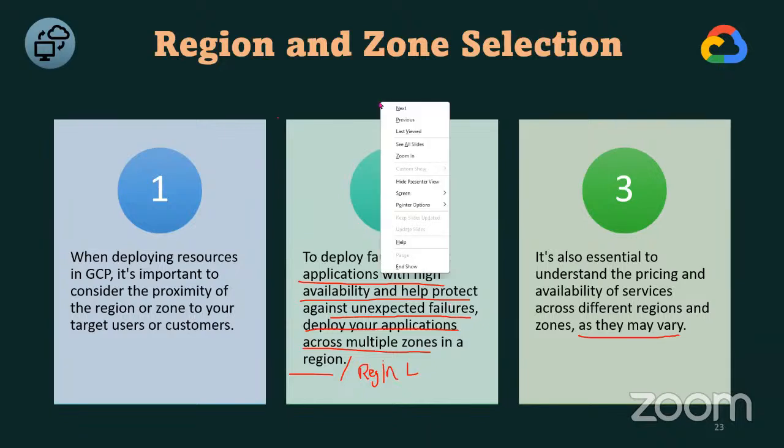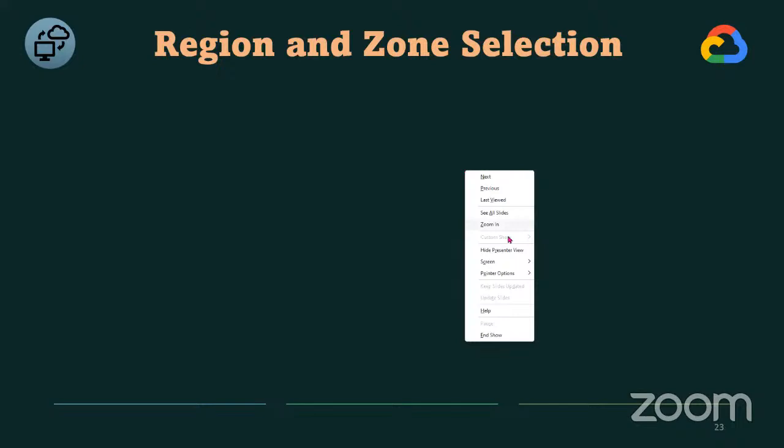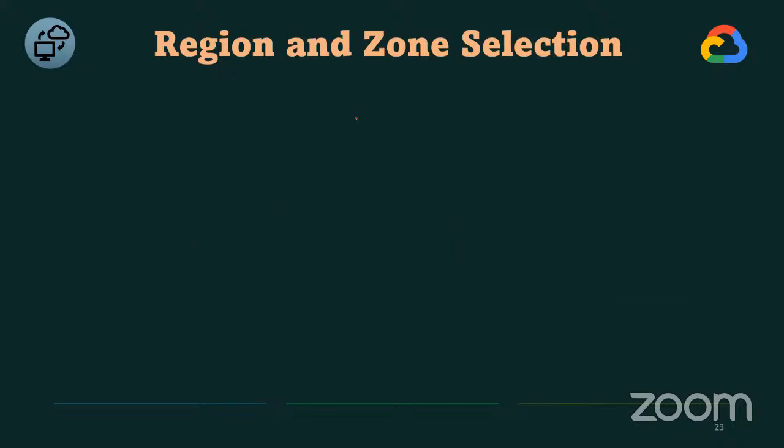So what they are trying to say is, look here, assume that you have a zone 1, a zone 2, and a zone 3. What Google Cloud Platform says is that if some resource, for example a virtual machine, is available in zone 1, it may not be there in zone 2, it may be there in zone 3.